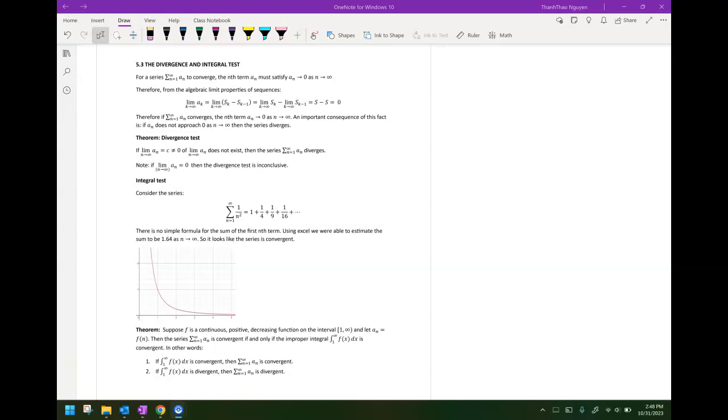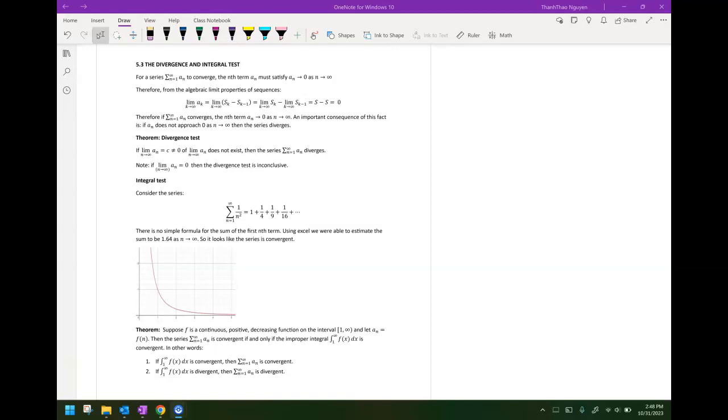If the series converges, the nth term a sub n approaches 0 as n approaches infinity. An important consequence of this fact is that if a sub n does not approach 0 as n approaches infinity, then the series diverges. So here we have a theorem, the divergence test.